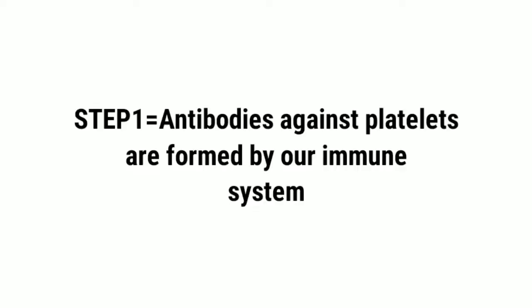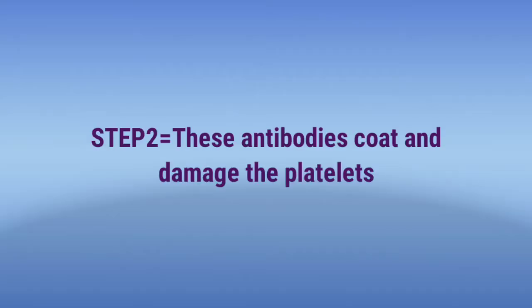So it's a three-step process. In step 1, there is formation of antibodies against the platelets. In step 2, there will be attachment of these antibodies to the platelets, and these platelets will be coated and then damaged by these antibodies, which you can also call autoantibodies.